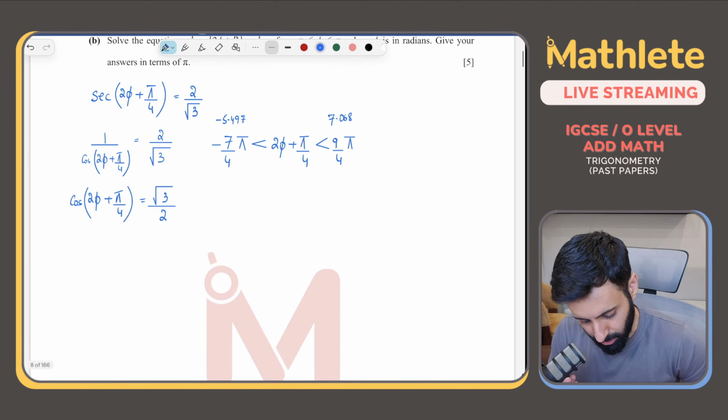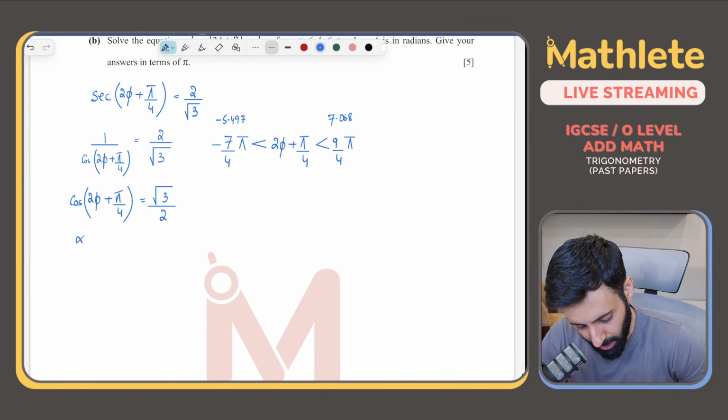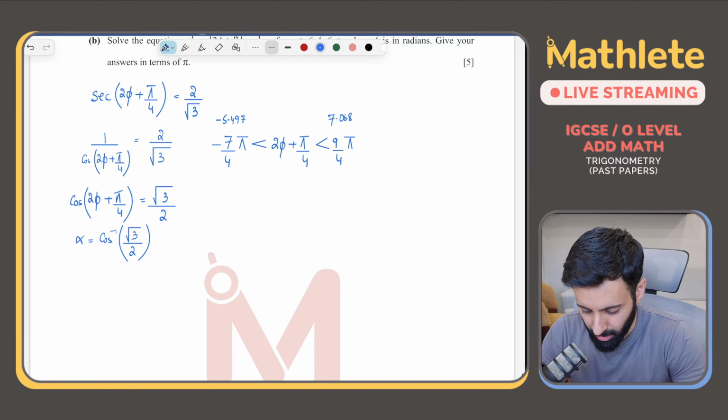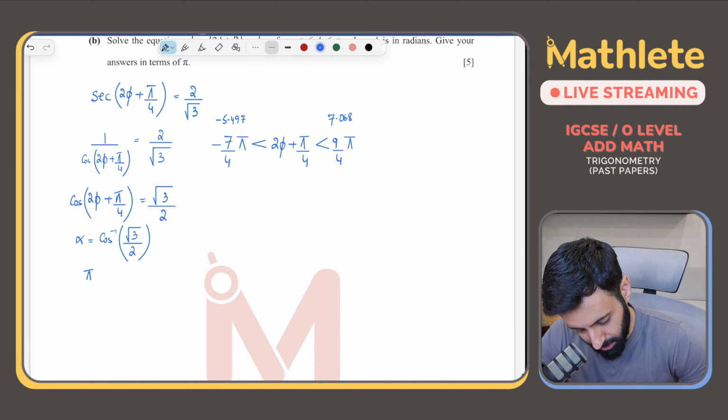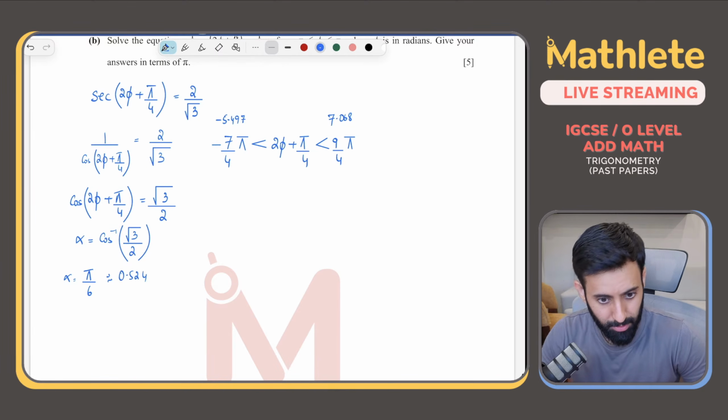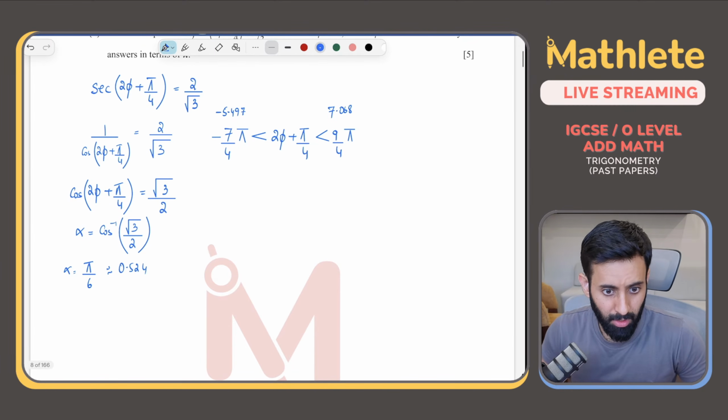Now let's find alpha by taking cos inverse of root 3 upon 2. Make sure your calculator is in radian mode. That's equal to pi upon 6, which is approximately 0.524.